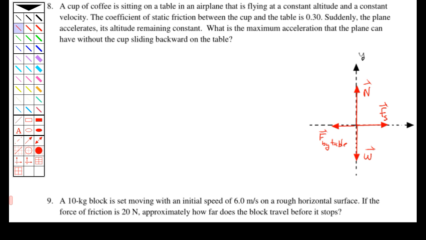Okay. The way we're going to approach this problem is to use Newton's second law, and we're going to treat the x and the y components of each force separately. So let's write down what we know about the x direction. In the x direction, there's only two forces with x components. That's the force by the table on the cup and the force of friction.